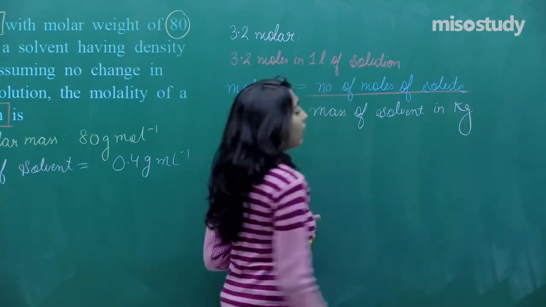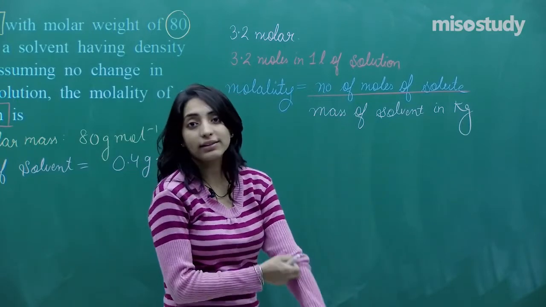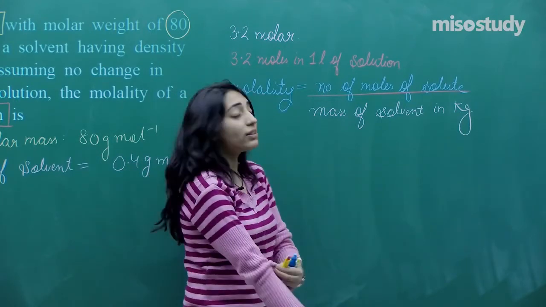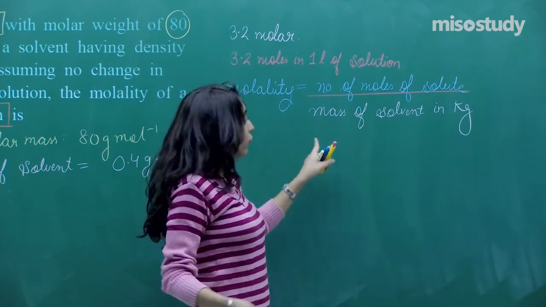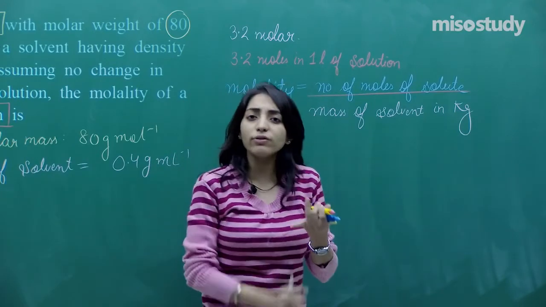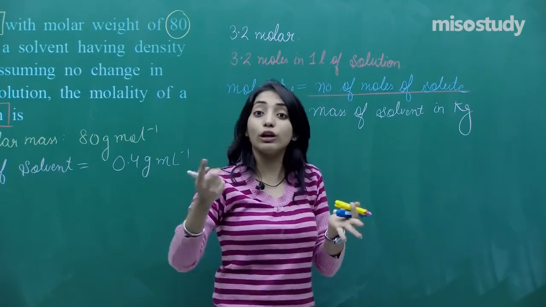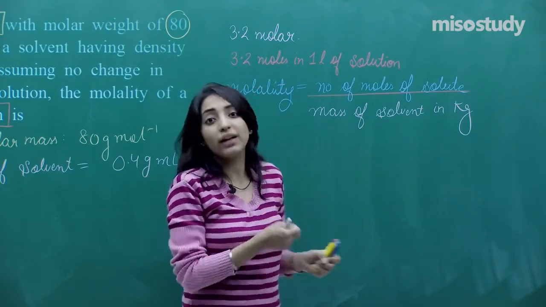Guys, if you do not write everything in detail, here I am writing to make you understand, but while solving the question, it should be your habit to write everything in detail. Why? Because if you simply write mass in kg, you will sometimes take the mass of solvent, sometimes the mass of solute, sometimes the mass of solution. So you will never understand which mass you are taking.